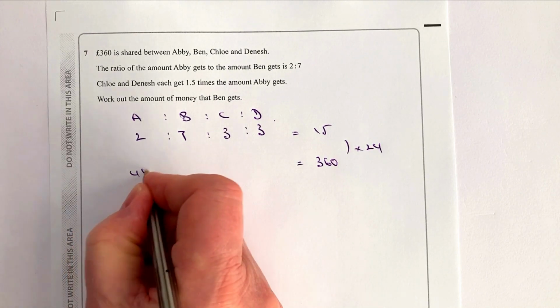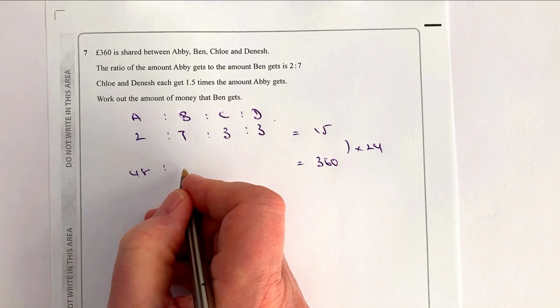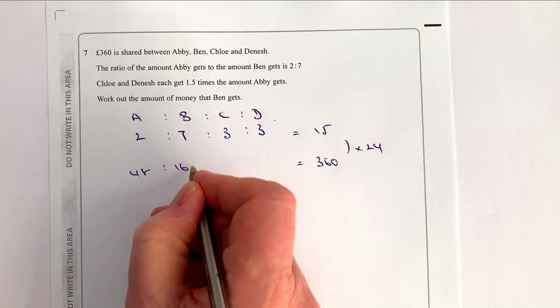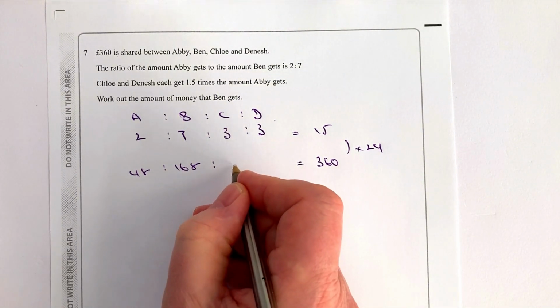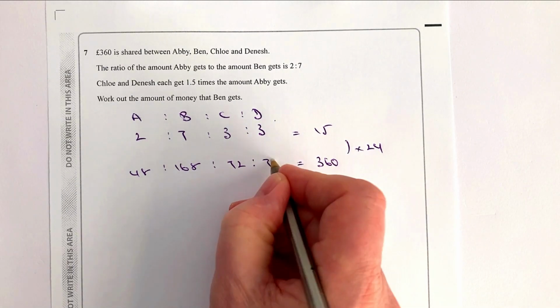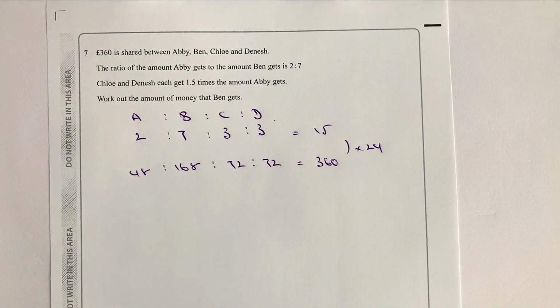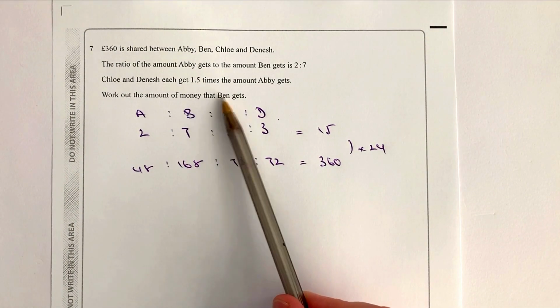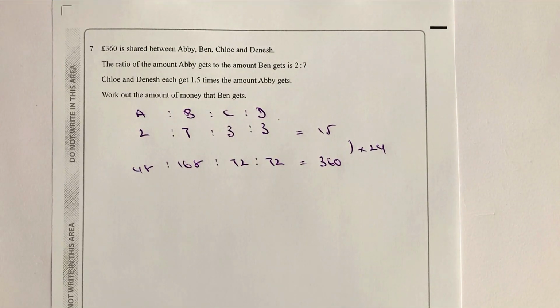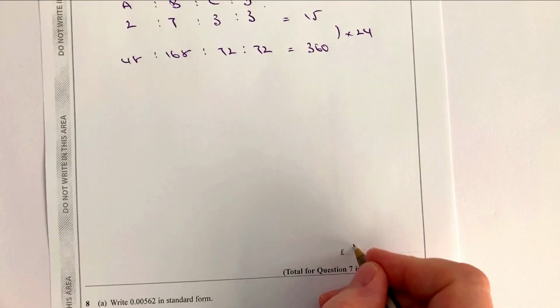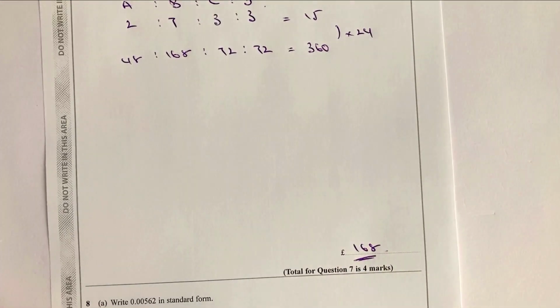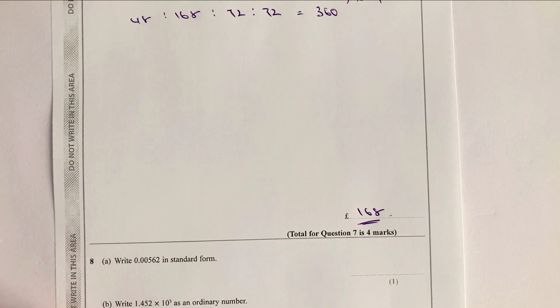So Abby's getting £48, Ben is getting £168, Chloe is getting 72, and Dinesh is getting 72 as well. So in order to answer this particular question, the amount of money that Ben gets is going to be £168. I'll just write that at the bottom there for you. Okay, hopefully that's all right for you.